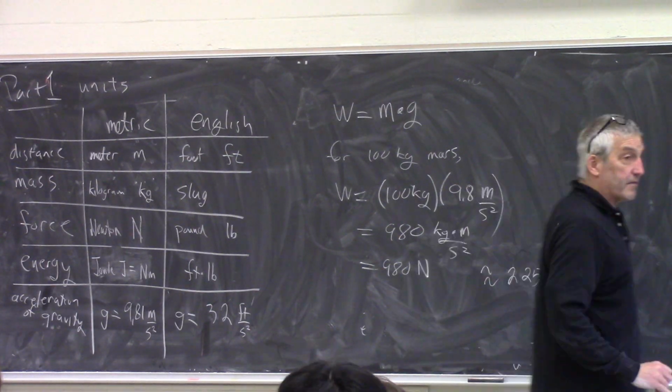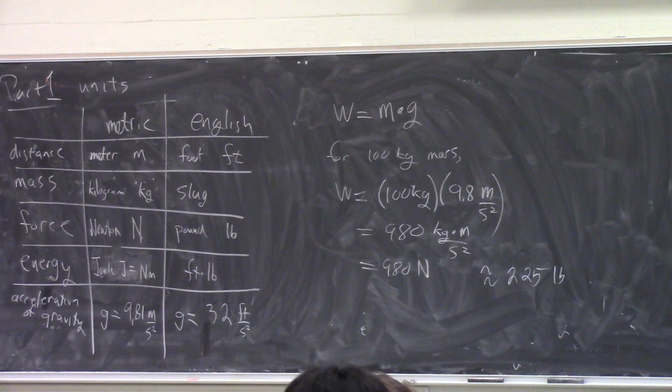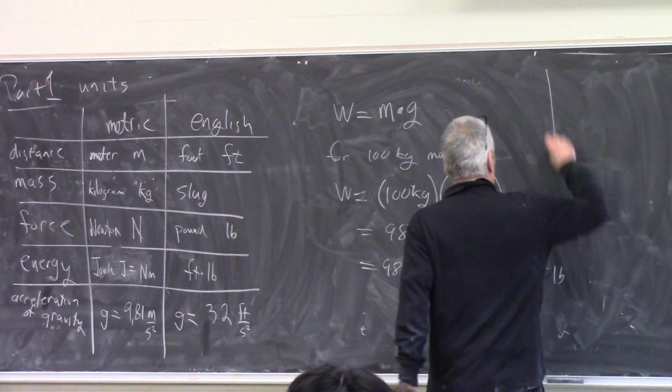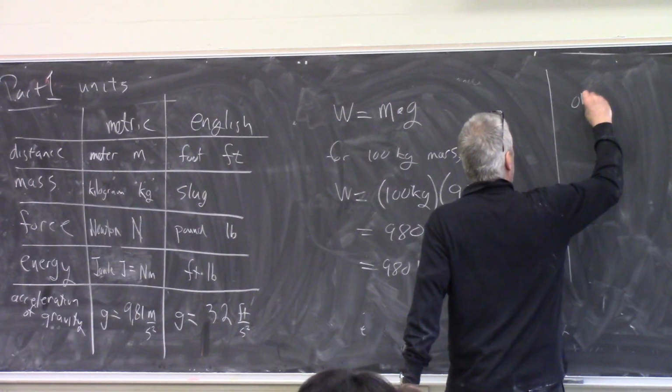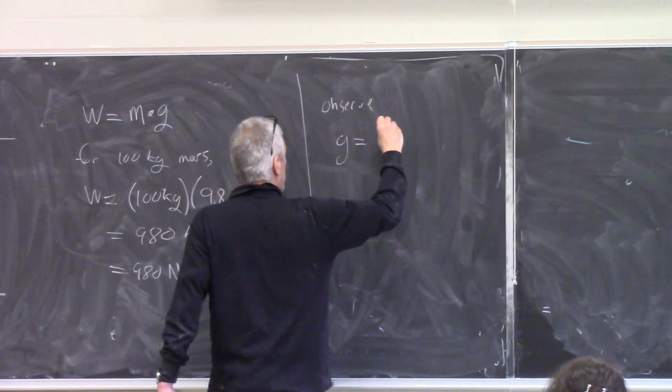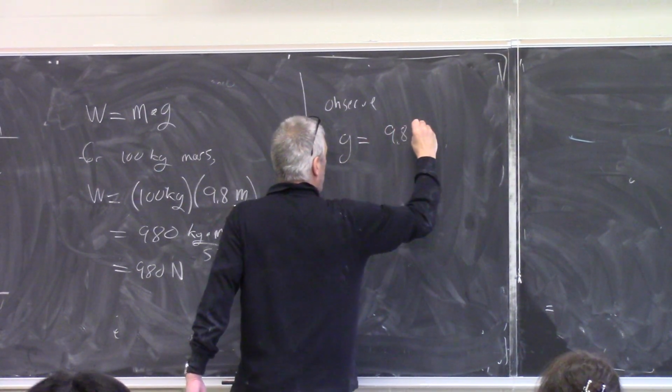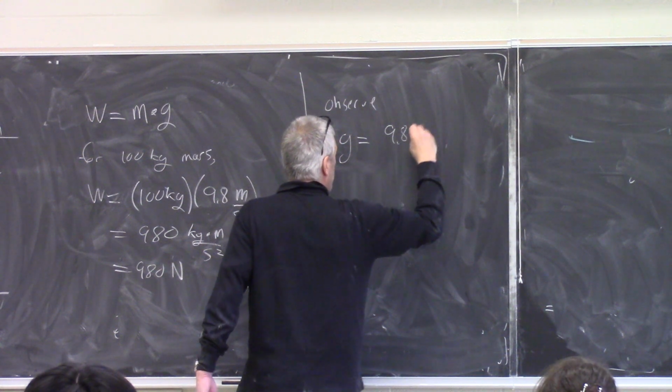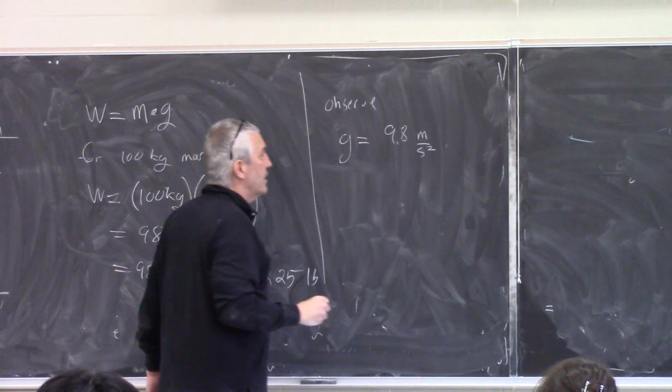How many slugs of mass are in that 100 kilograms? I don't know. But observe that the acceleration of gravity is 9.8 meters per second squared. But I can do a trick.